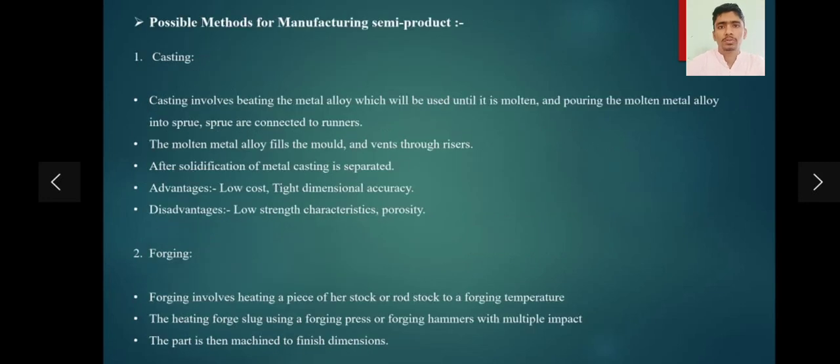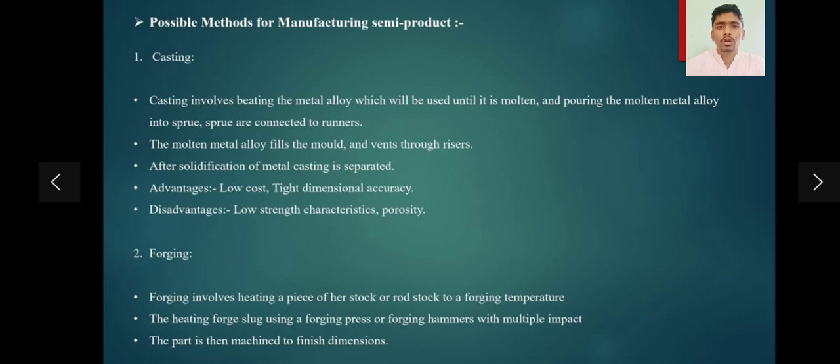So here are the possible methods for manufacturing of the semi product. First is casting. Casting involves heating the metal alloy which will be used until it is molten and pouring the molten metal alloy into the sprue. Sprues are connected to runners.